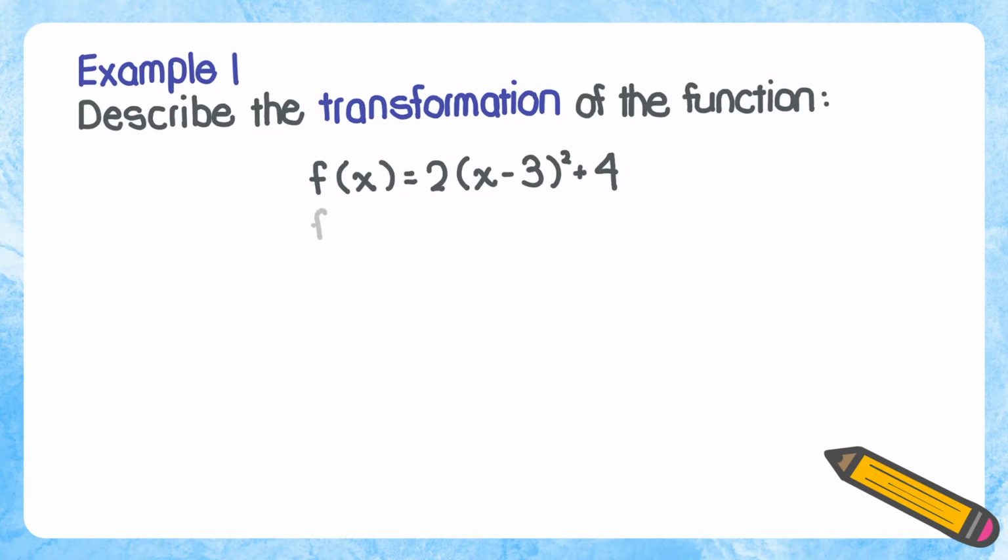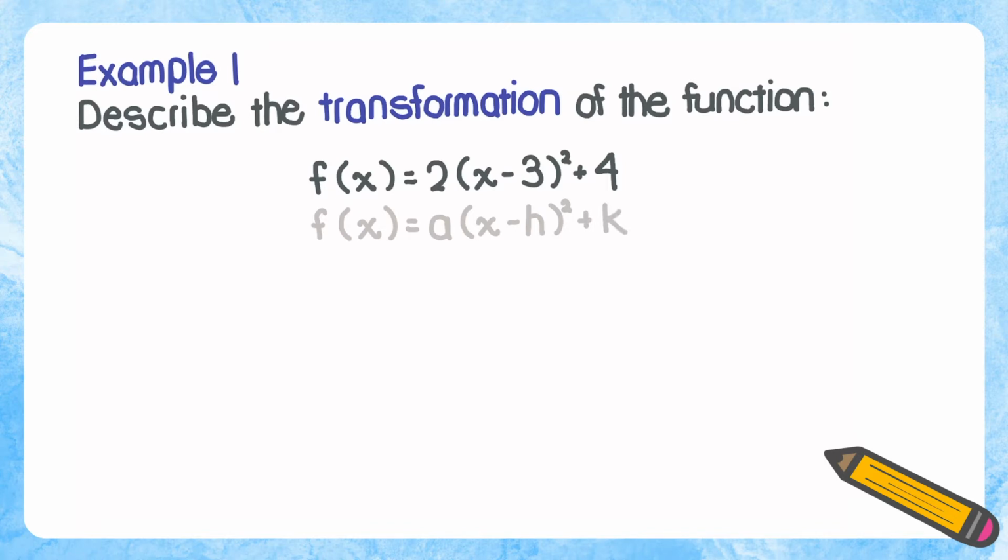The general form is f of x equals a times x minus h quantity squared plus k.